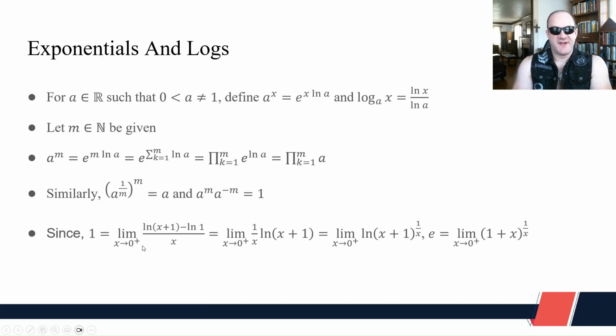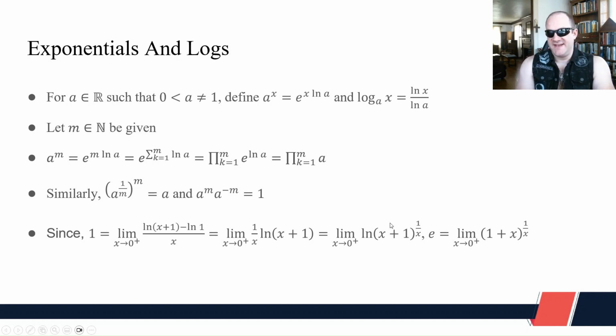For the final representation of e, simply use the fact that the derivative of natural log of x plus 1 at 0 is 1. And so that's what you have on the left-hand side here. And then on the right-hand side, you simply write out the definition of derivative. You use your rules of logarithms, proven in the exact same way that you prove your rules of exponentials, to derive this formula here.